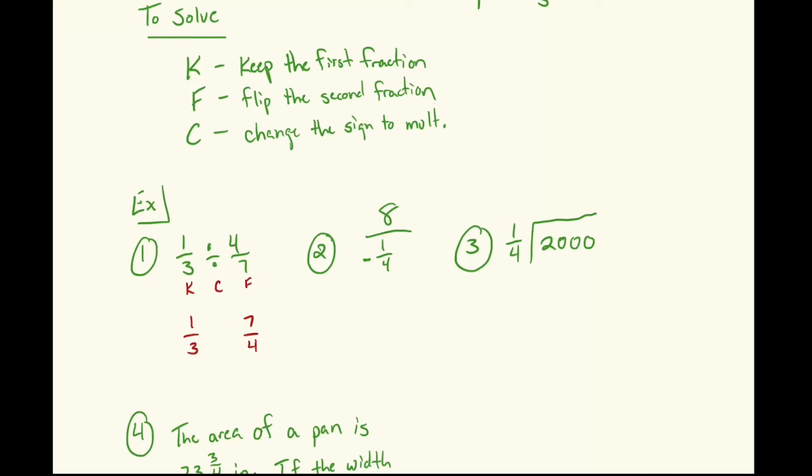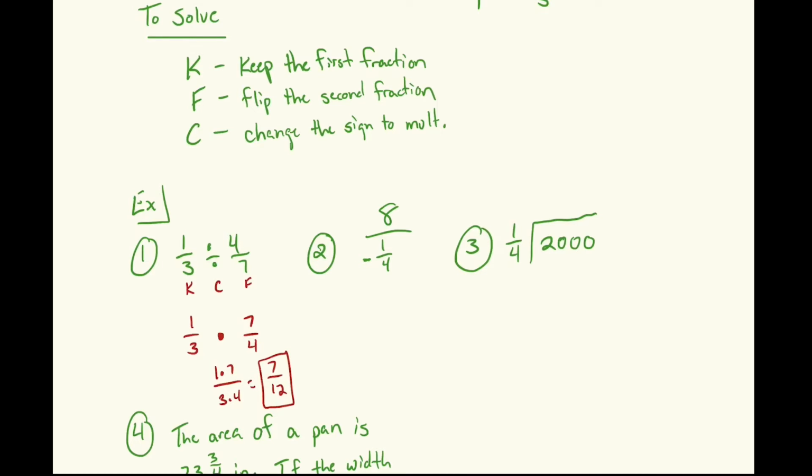And then I'm going to change the division sign to multiplication. Now that I've done that, I just have a multiplication problem, and we already know how to solve that. 1 times 7, 3 times 4, that ends up giving me 7 over 12, which cannot be reduced, so that is my answer.